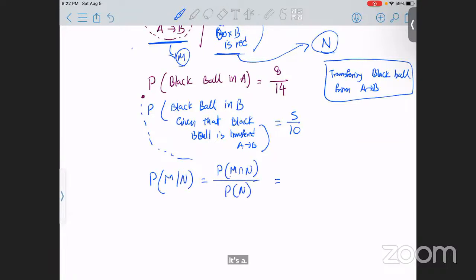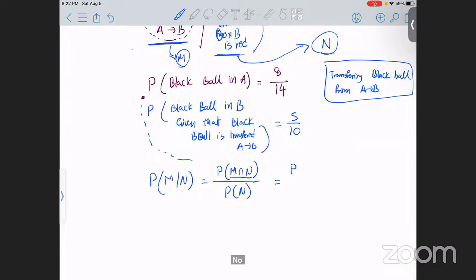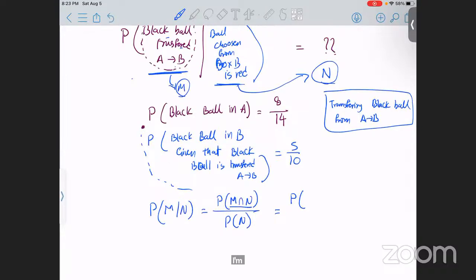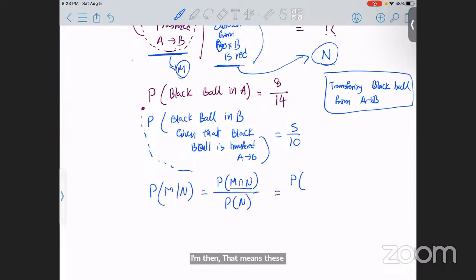Let us break this up. M means black ball transferred from A to B, and then ball chosen from box B is red. That means these two are independent events.